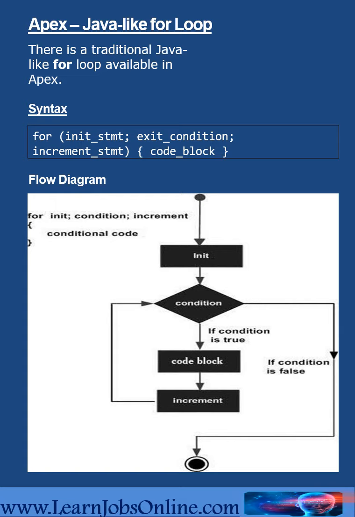Now let's review the Java-like for loop. And as the name indicates, there is a traditional Java-like for loop available in Apex. And that's the syntax, and we can see from the flow diagram how the passage happens.